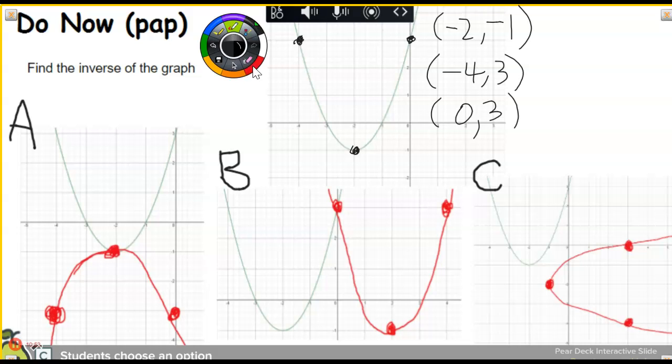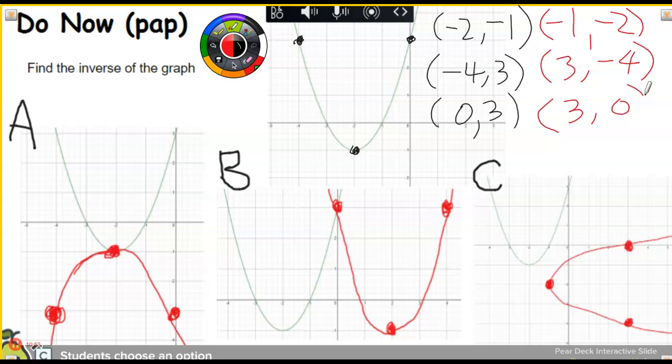And then look for the inverse of each of the old points. Inverse means switch the place of x and y. So before it is -2, -1, the inverse is -1, -2. The second one, the inverse is 3, -4. The last one, the inverse is 3, 0. So you have the 3 inverse points.